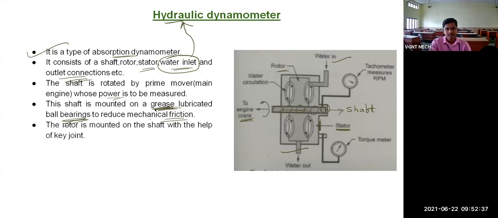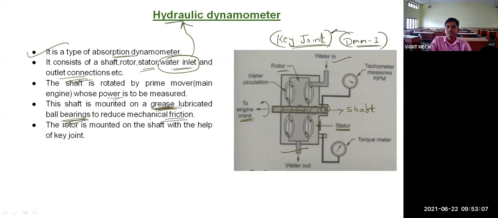Next point, the rotor is mounted on the shaft with the help of a key joint. Whatever rotors are there, they are connected with the help of a key joint. Different types of joints are there. You will study them in design of machine members, in DMM 1 and DMM 2 next semester.